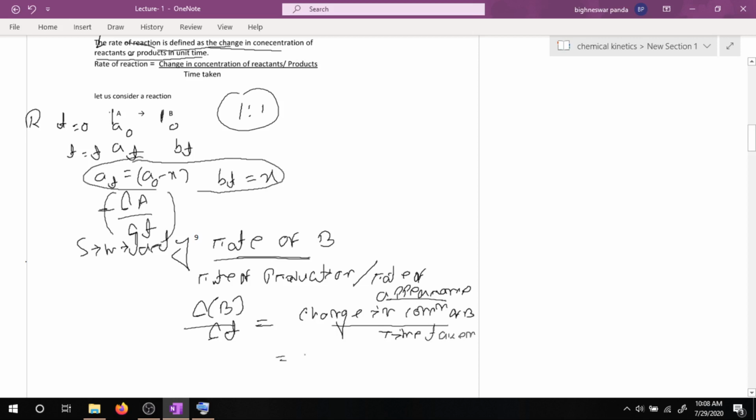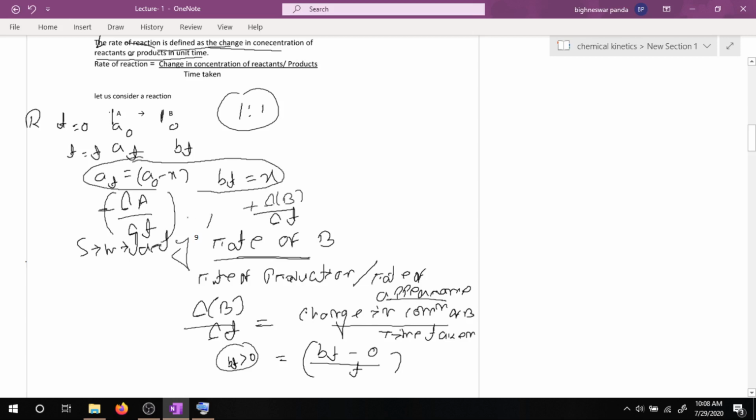So change in concentration, final minus initial concentration, Bt minus 0 divided by t. Since the concentration Bt is greater than 0, no negative sign is used. So in other words, I can write the rate of B is plus delta B by delta t.